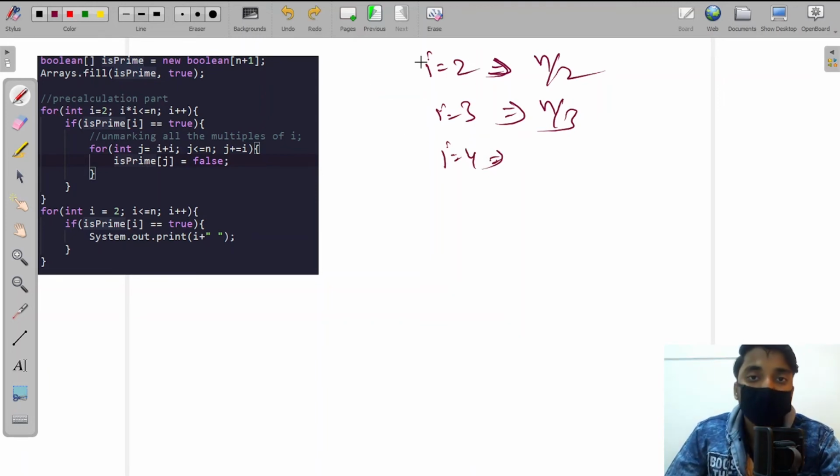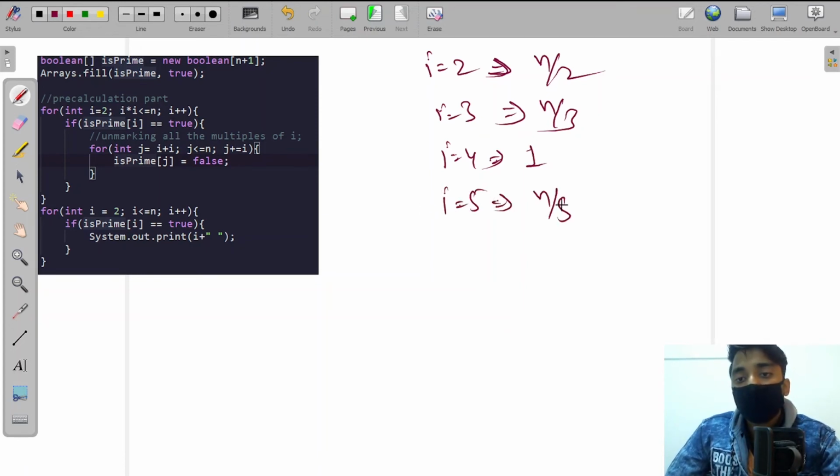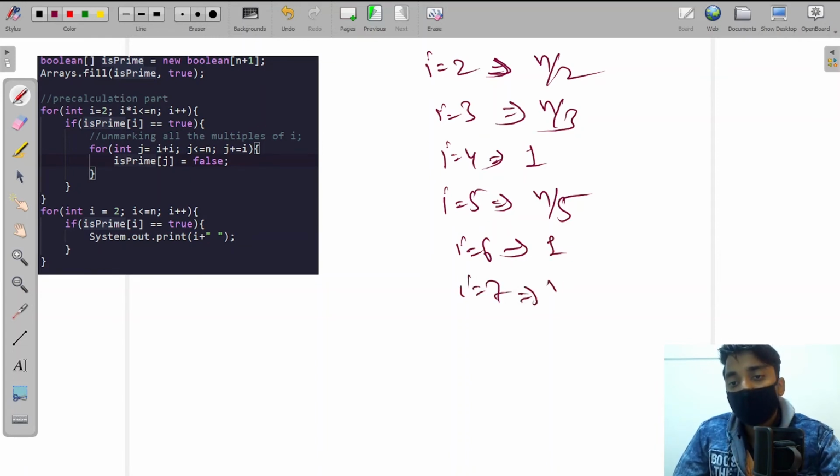When i is equal to 2, it already unmarked the multiples of 2, which includes 4. So this condition will be false. So this means it will take only one time. Then i is equal to 5, this will take n by 5. i is equal to 6, it is also a multiple of 3, it is already unmarked, so it will take 1. i is equal to 7, it will take n by 7, till i is equal to under root n.